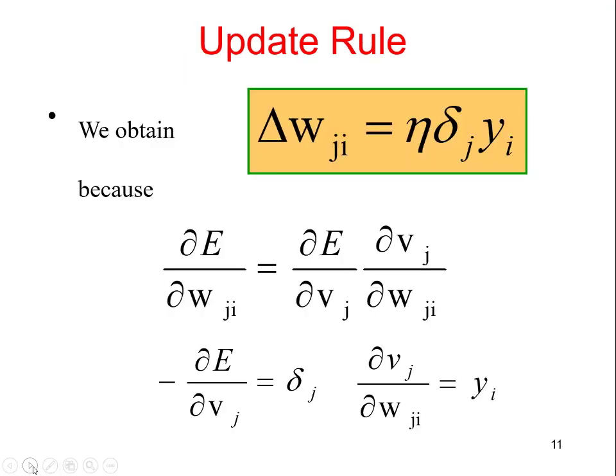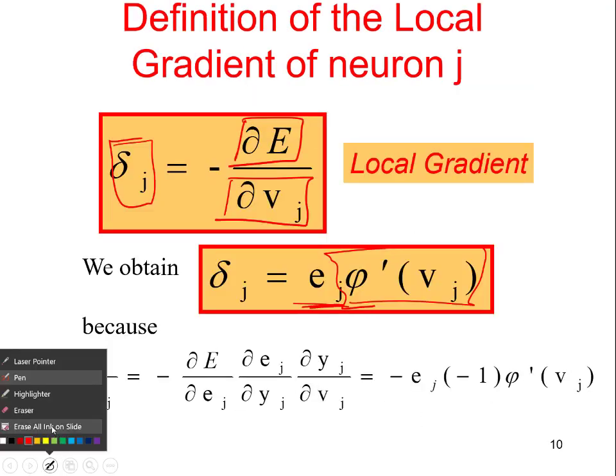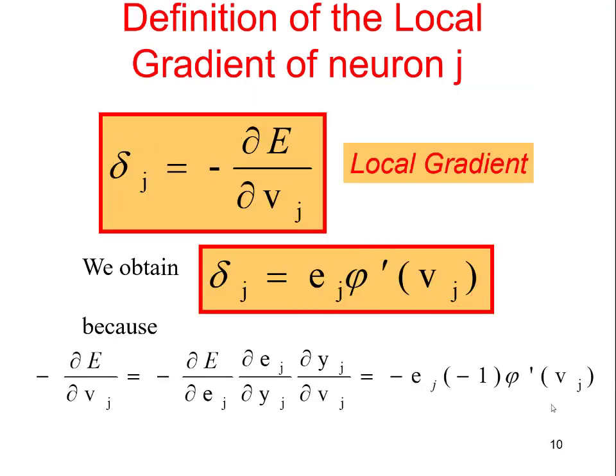So we can consider delta J as delta E by delta Vj. In the weight update delta Wji, we have eta minus delta E by delta Wji.